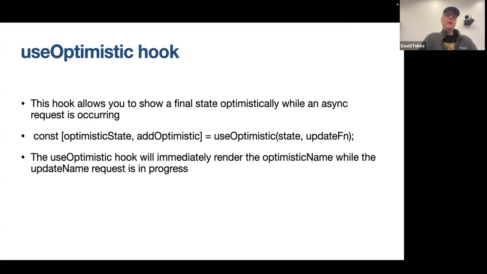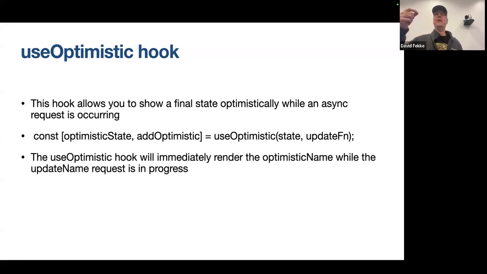This is another cool hook, the use optimistic hook. What this hook essentially lets you do is set things optimistically. So let's say you are going to update a name on a record in a database. Well, it may take a little while to get a successful message back.